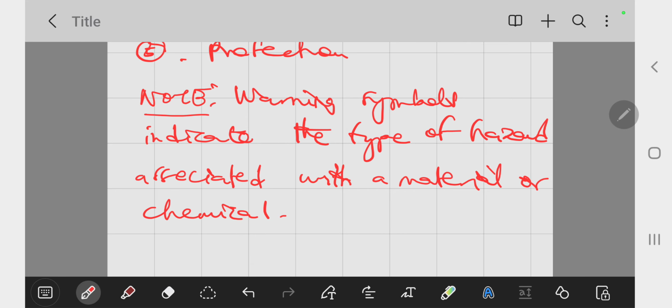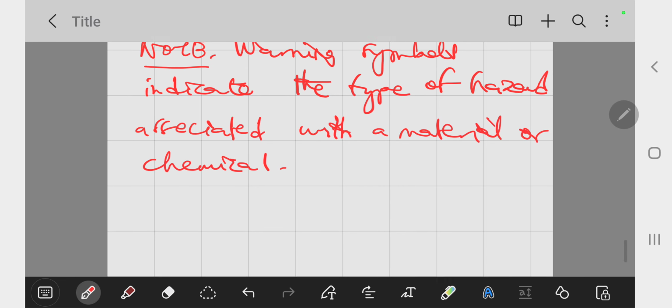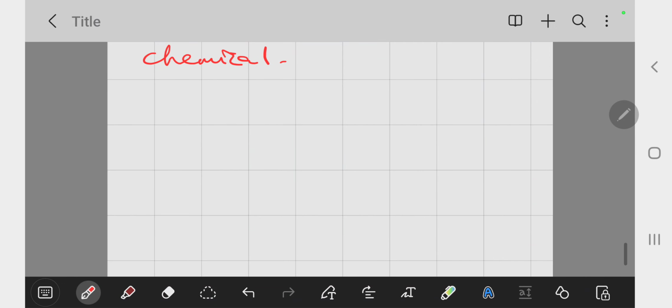or chemical. So now let's look at some of the symptoms which you can know to say, okay, this person has been exposed to a hazardous material. So if you see that, you need to react very quickly and maybe take that person to the hospital because they might die. So there are some symptoms.